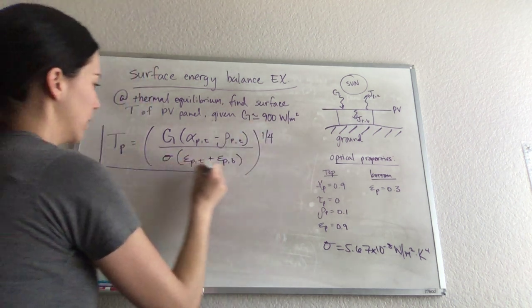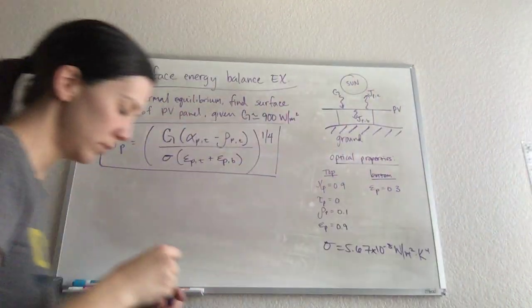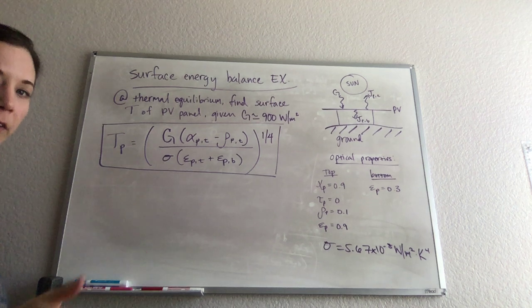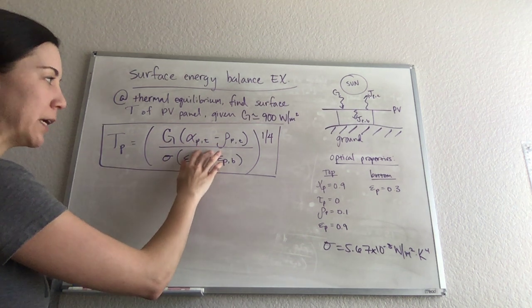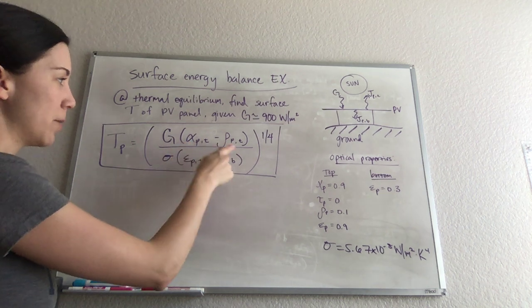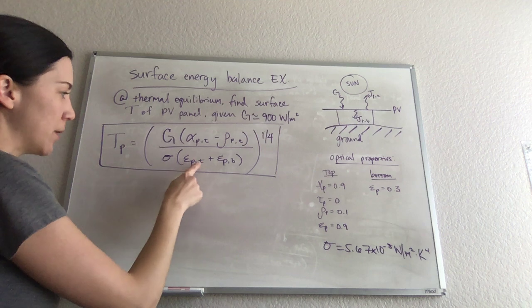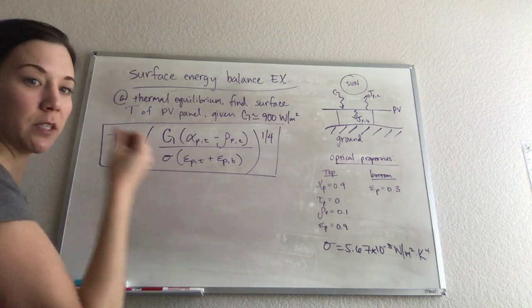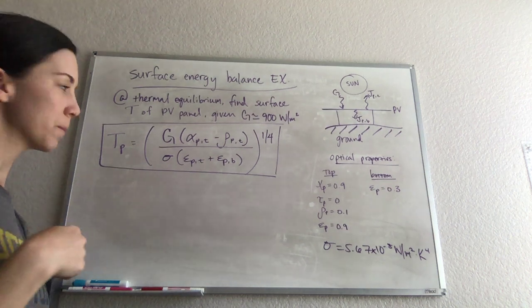Okay, this is my expression. Solving for the temperature of the panel, I get G times the difference between the absorptivity of the panel on the top minus the reflectivity of the panel on the top, and then sigma times the emissivity of the panel on the top plus the emissivity of the panel on the bottom, all raised to the 1/4 power, because we had that T to the 4.